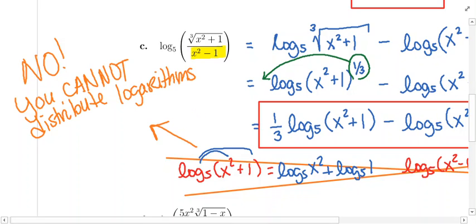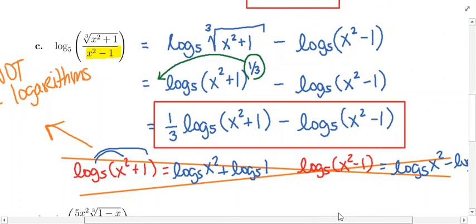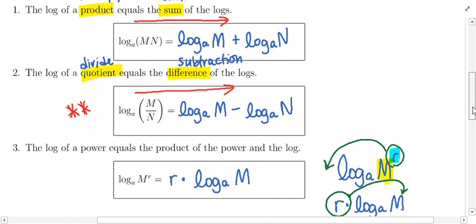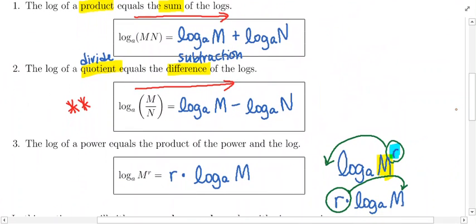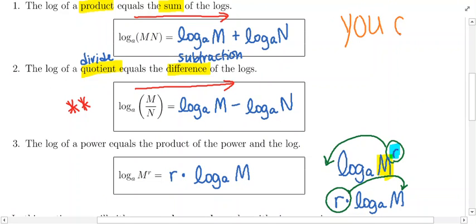Okay, that's why what I have in the box is the final answer, and we don't go further by distributing because you can't. The only three things that are allowed with logarithms are the three things right here. Okay, I'll even put right here, you cannot distribute logarithms.